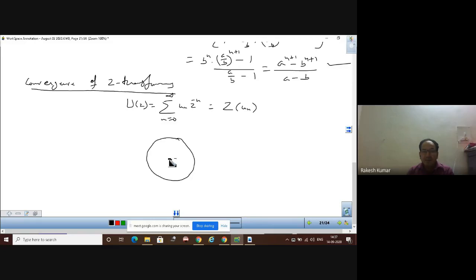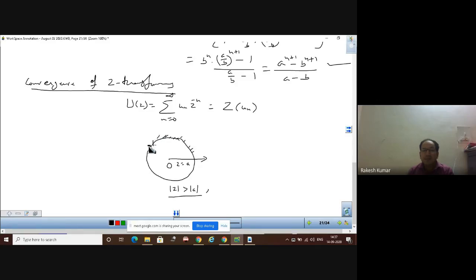Suppose we have a circle with the center at the origin and with the radius |z| equal to a. And if we talk about the region of convergence, that is |z| greater than a. One case will be like this. This area will be there.